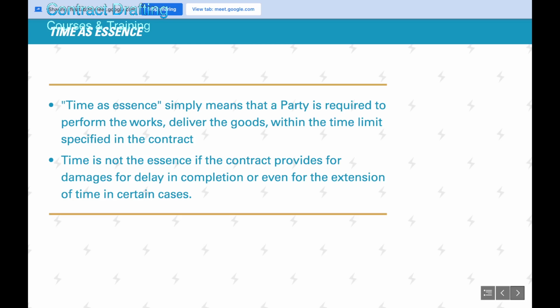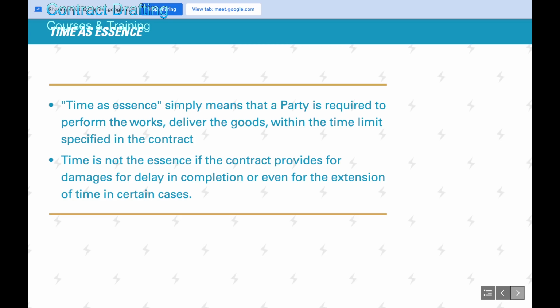So there are different scenarios which will be covered in this type of clause, and these will be linked with other clauses. So time as an essence has not to be considered in isolation, but linked with the extension clause or LD clause, liquidated damages clause.